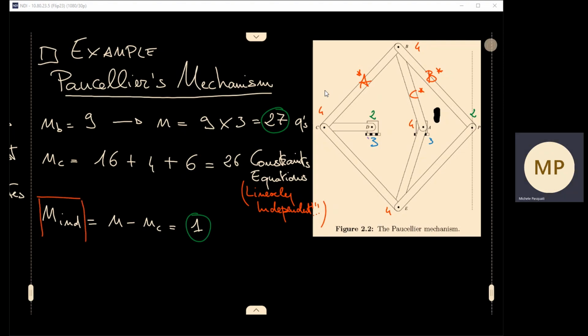If you think about it, it makes sense. Why? Because if you want to drive this mechanism as it is typically used, as a transformation between a rotary motion and an axial motion, you identify an angle of this body, and automatically you will get a position of the point P. You see?